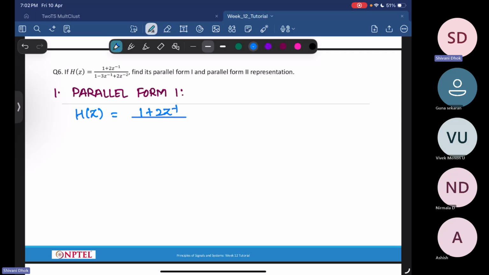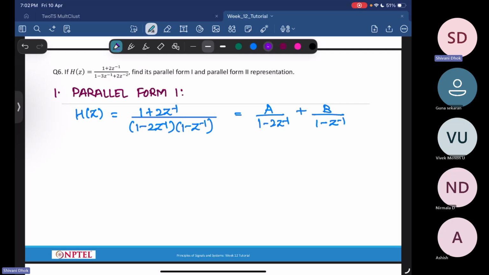In the previous question itself, we have seen that we can factorize the denominator as 1 minus 2z inverse into 1 minus z inverse. So now we can get the partial fraction representation something like this. That is A upon 1 minus 2z inverse plus B upon 1 minus z inverse.